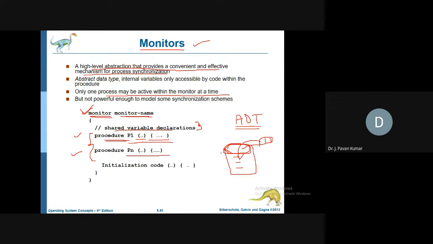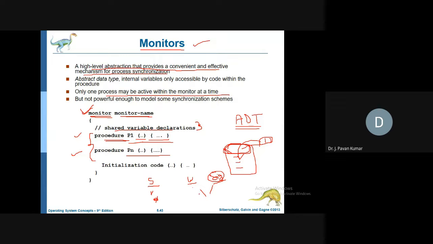In the semaphore, try to listen carefully, we make use of wait and signal operations, right? The wait operation checks whether the semaphore value is greater than 0 or not. If the semaphore value is greater than 0, it decrements the value and enters the critical section. While coming out, it makes use of a signal operation, that means it increments the semaphore value by 1.